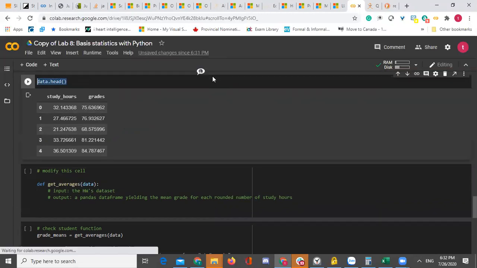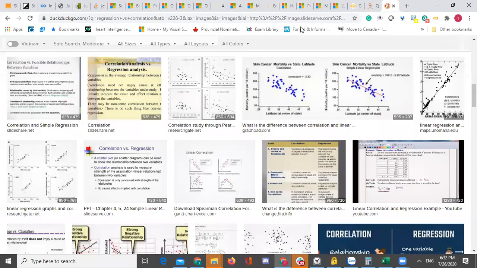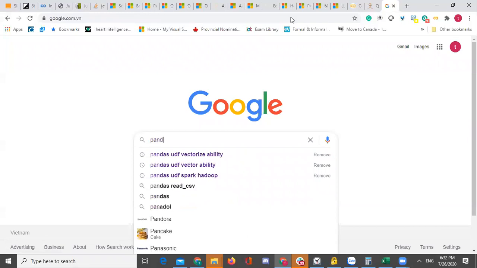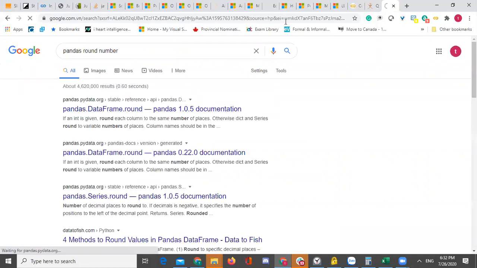Okay, so I need to round the study hours to the nearest number. So let's see what the rounding function is. Well, you can round with pandas too, I think. So let's see.